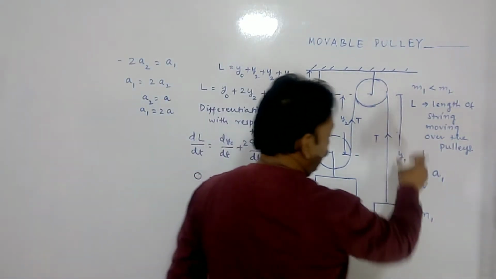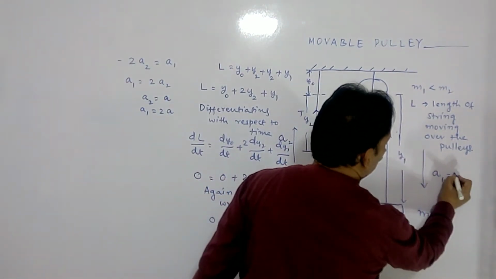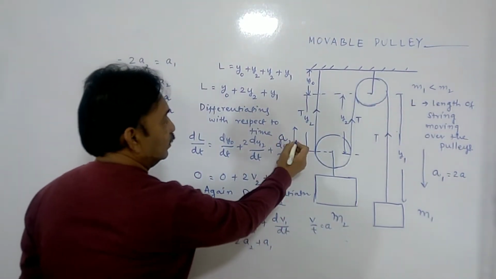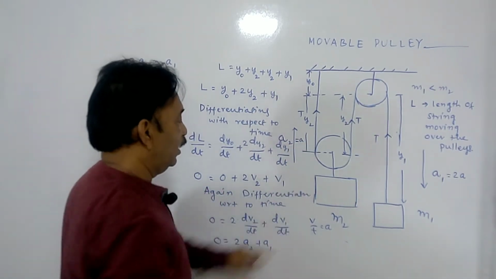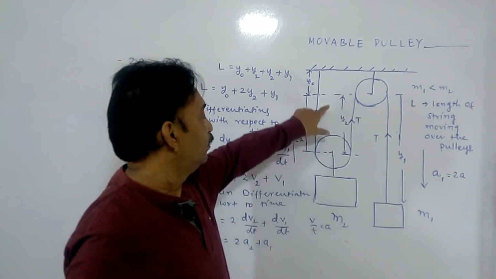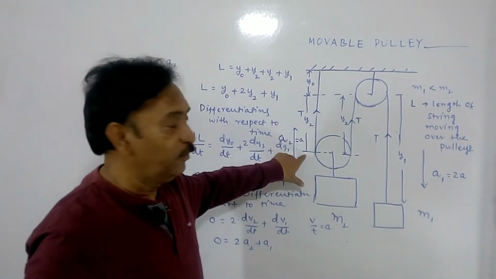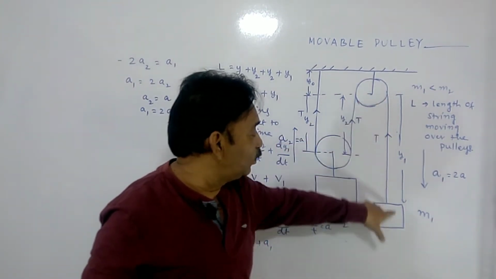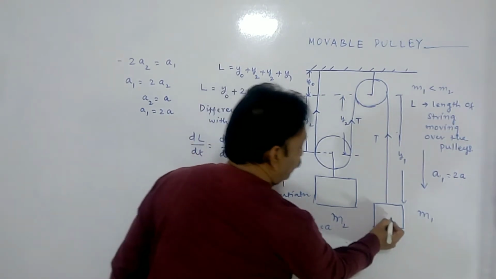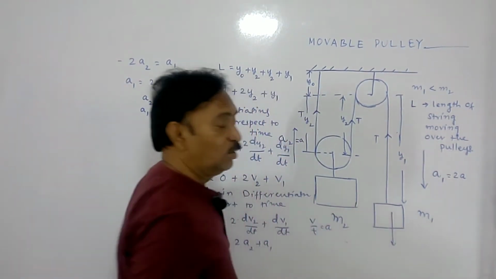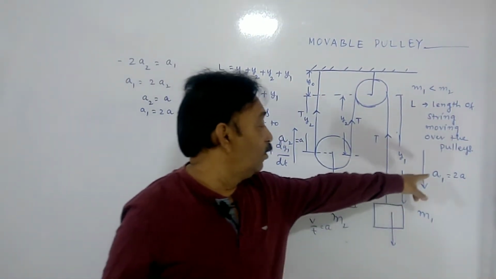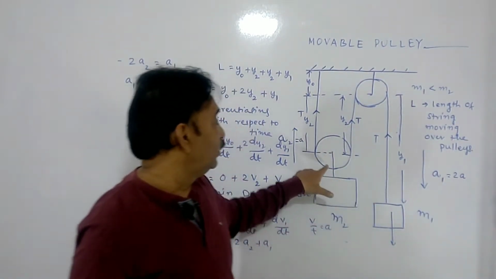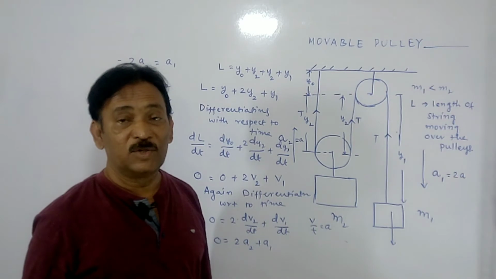That means this one moves down with an acceleration twice of this one. Here it has an acceleration of a, and by means of this pulley, this one moves down with an acceleration which is twice of this one.